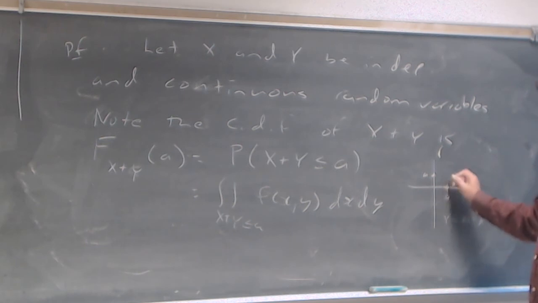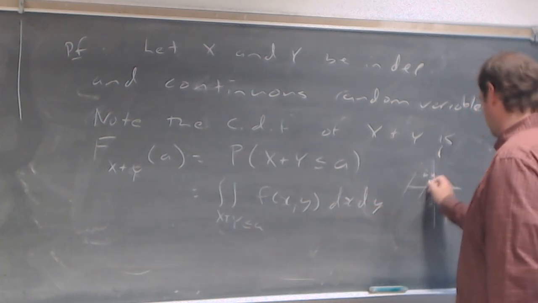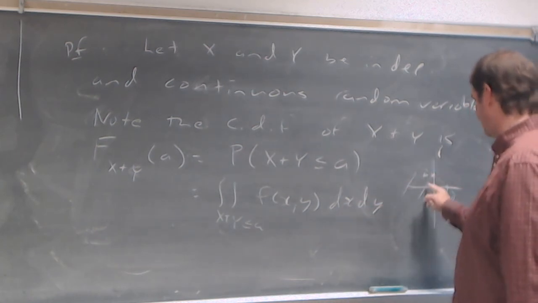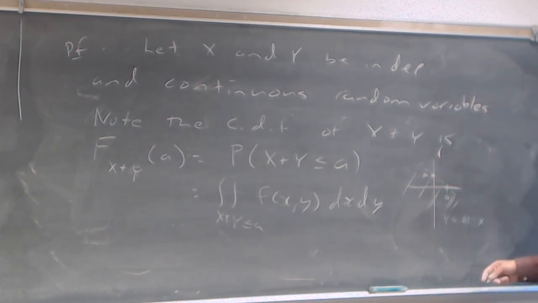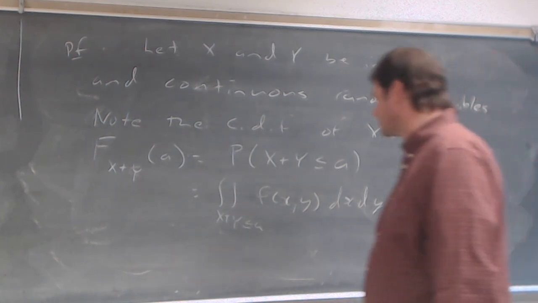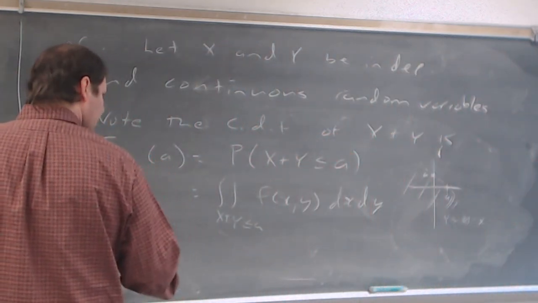When x is a, y would be 0, so we're looking at this. Okay, we end up integrating over this region. This is where x plus y would be less than that, and so you notice that if a is positive, 0 plus 0 is going to be less than that. So it's that region.